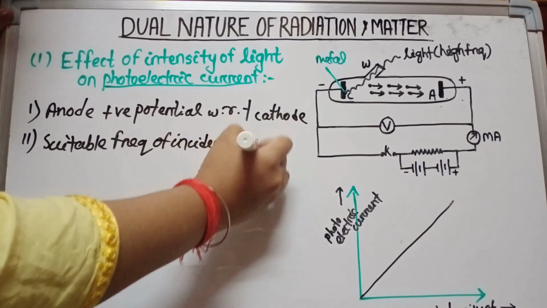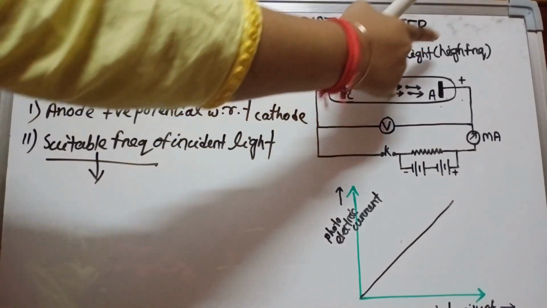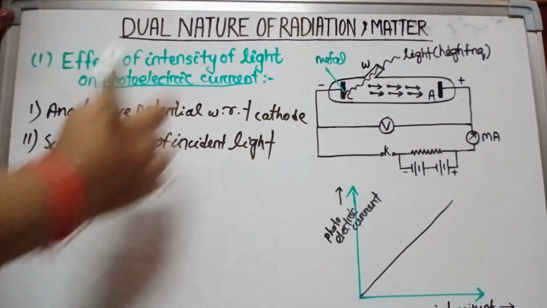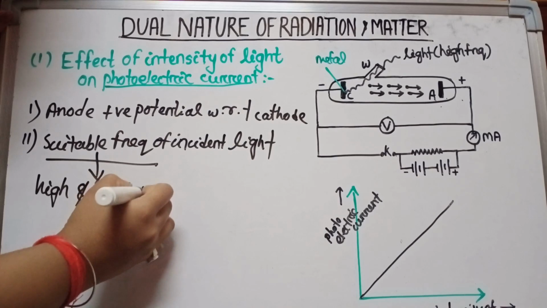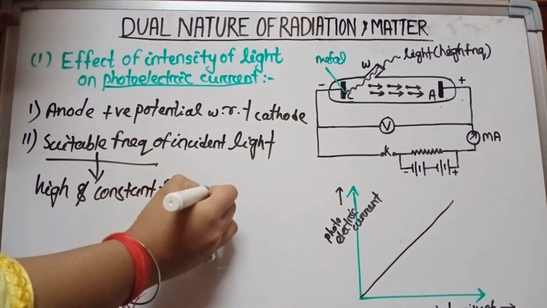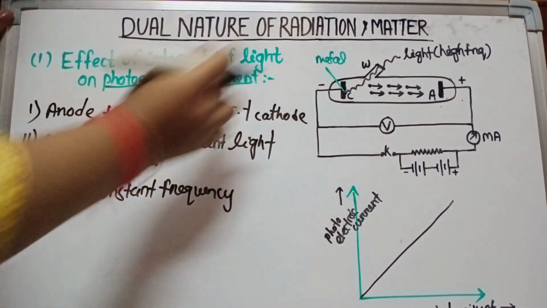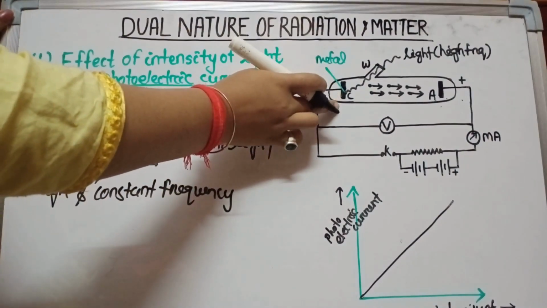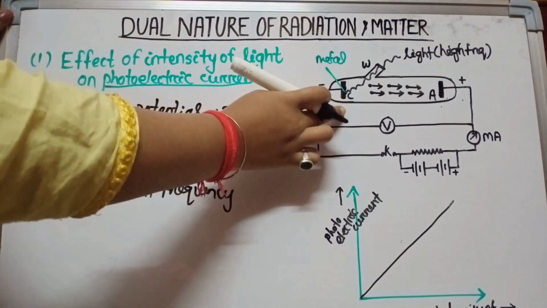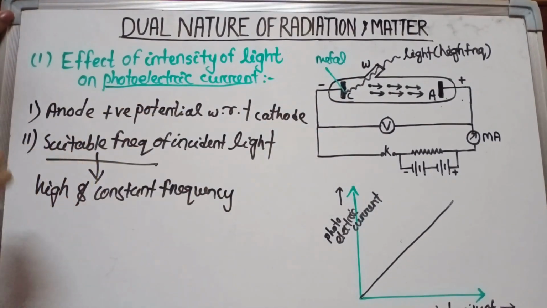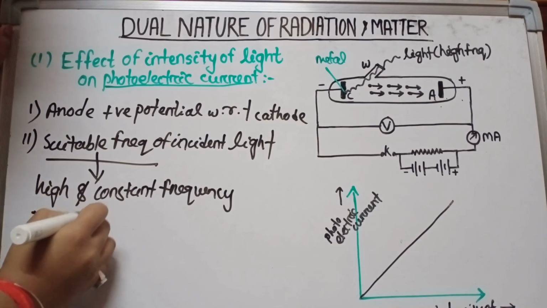Suitable frequency means what? Suitable frequency means the frequency must be high and constant. The minimum frequency for which the electrons are able to be emitted from the metal surface is known as the threshold frequency.